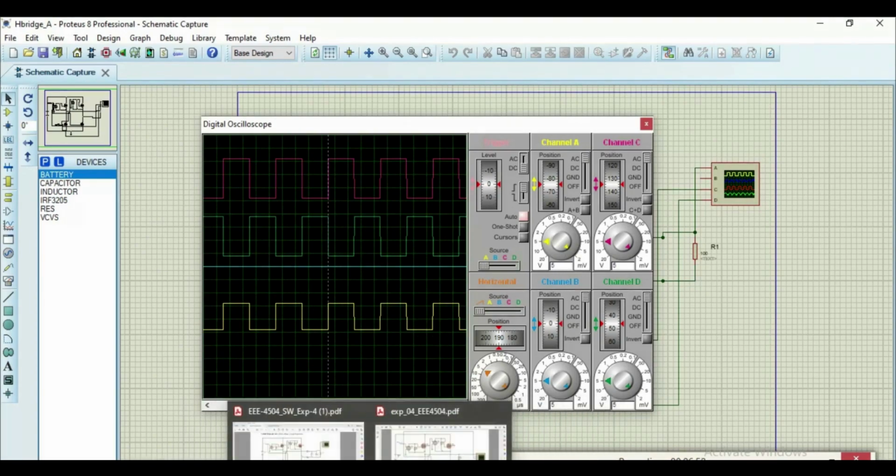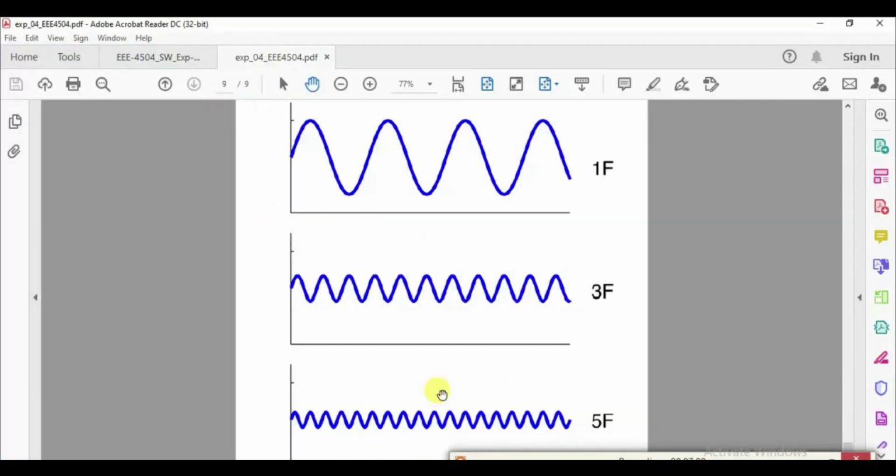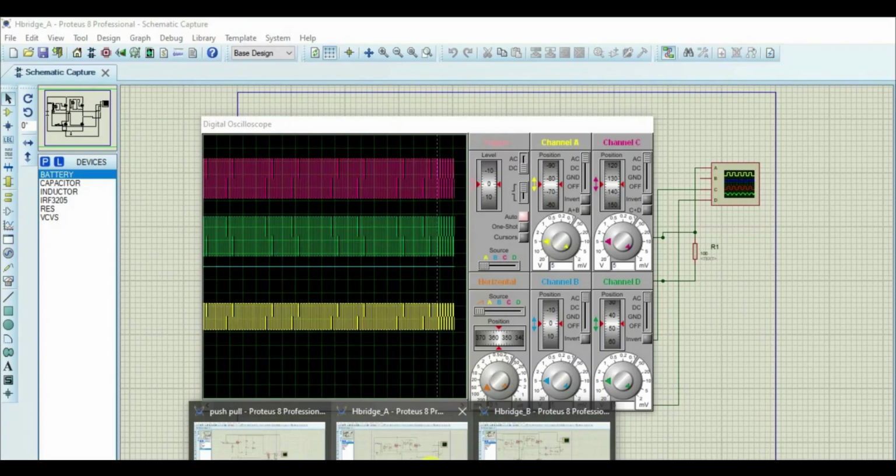So the odd harmonics might look like this. The odd harmonics will be of different frequencies. If you only let the lowest frequency pass through our filter, we were supposed to get this as an output, right?